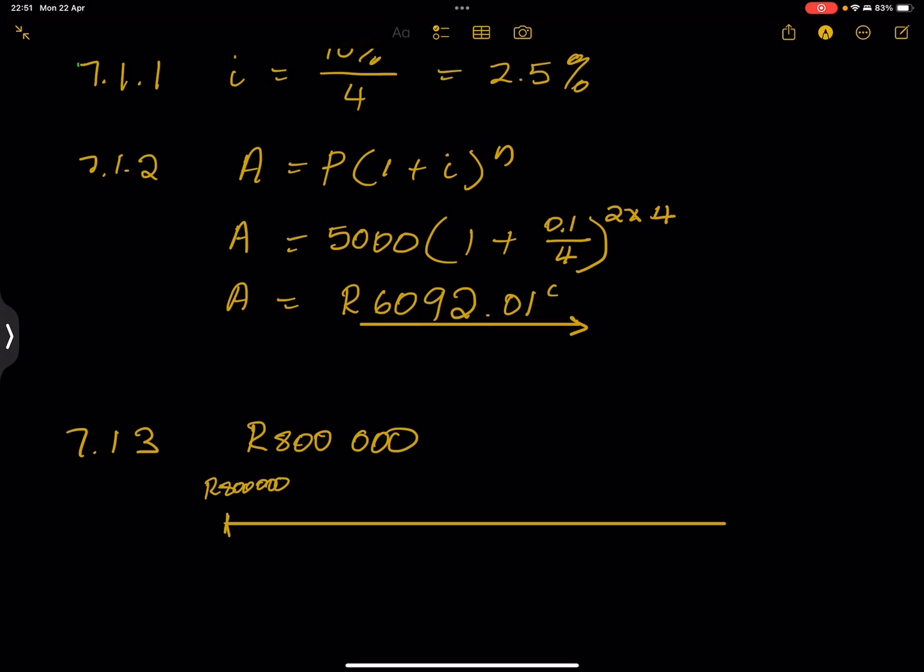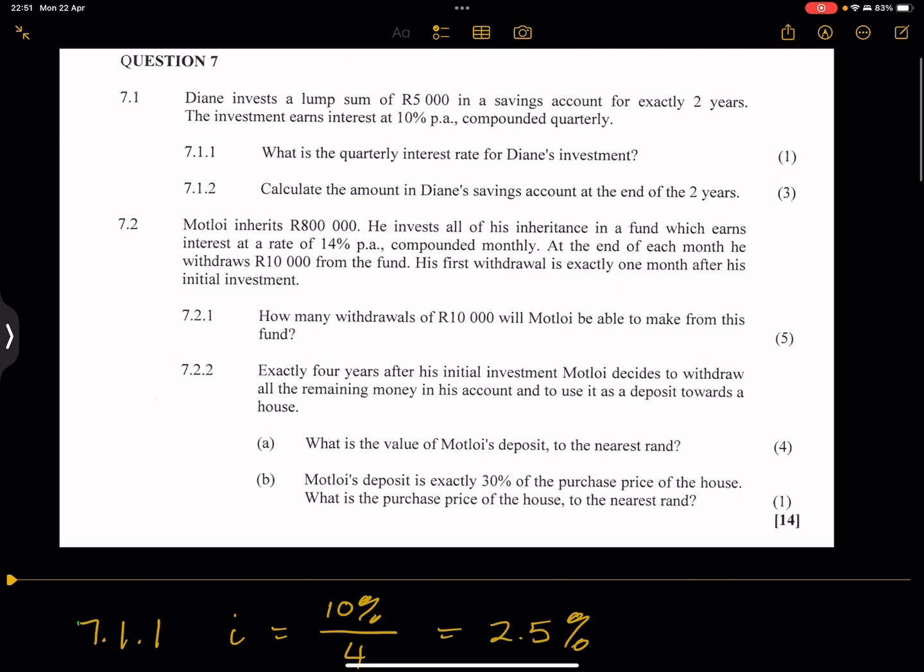Okay, and they say exactly 1 month after the time, right? Then he starts making withdrawals of 10,000 rands. Okay, so what happens in that case? So they want to find out rather, how many withdrawals of 10,000 will Motloi be able to make from his fund. Okay, so we need to find out the number of withdrawals that he can make.